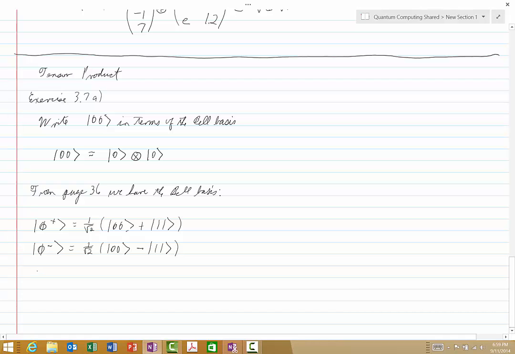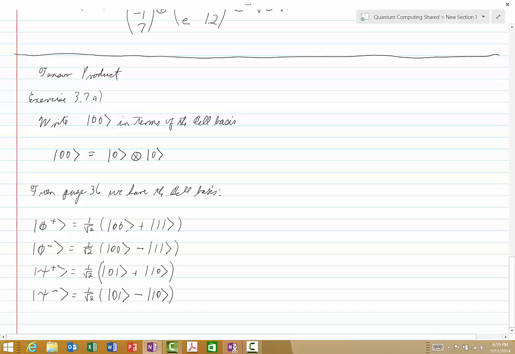Psi plus, which is 1 over square root of 2 times |0,1⟩ plus |1,0⟩, and finally psi minus, which is 1 over square root of 2 times |0,1⟩ minus |1,0⟩.